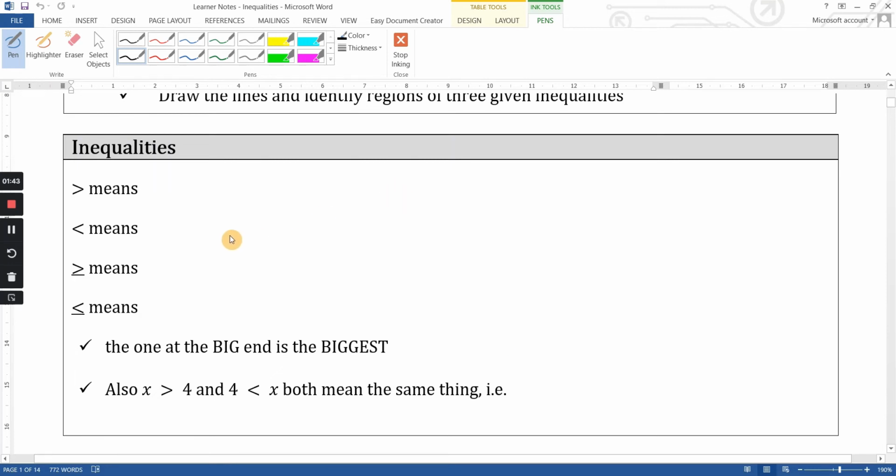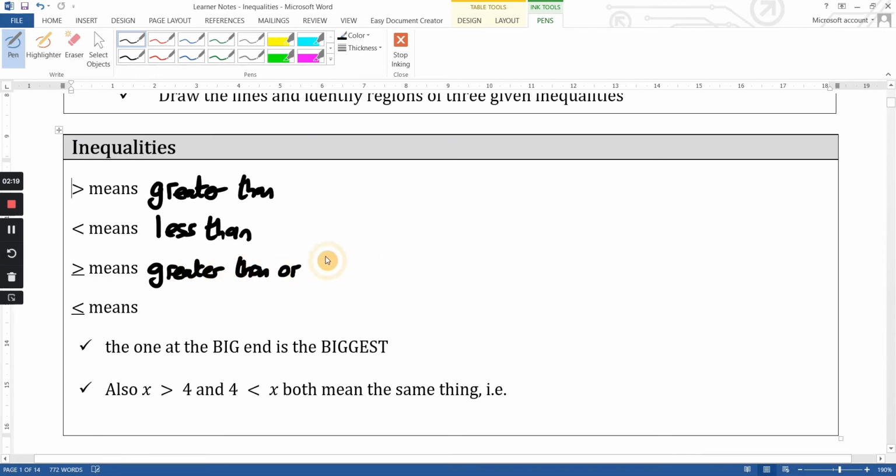So you might have seen these symbols before. This means greater than. If it's pointing the other way, that means less than. If it's got a line underneath it and it's pointing this way, that's greater than or equal to.